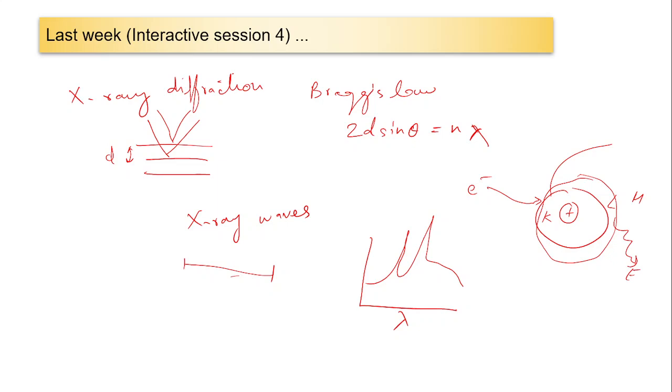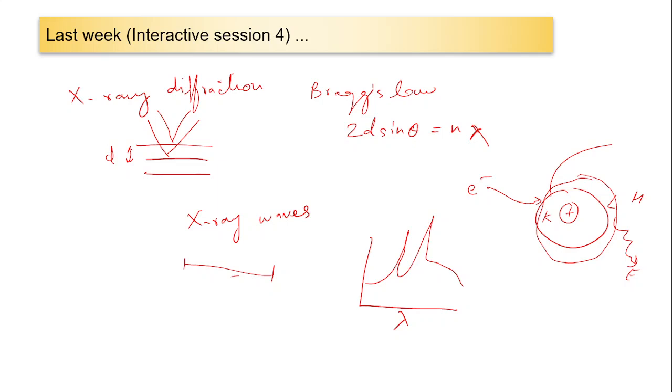And then we were discussing the different techniques like Bragg's treatment and Laue's treatment, of course after the derivation of Bragg's condition of diffraction. Then we had discussed Laue's method, where theta is fixed and we use white X-ray, where different X-ray wavelengths are used.